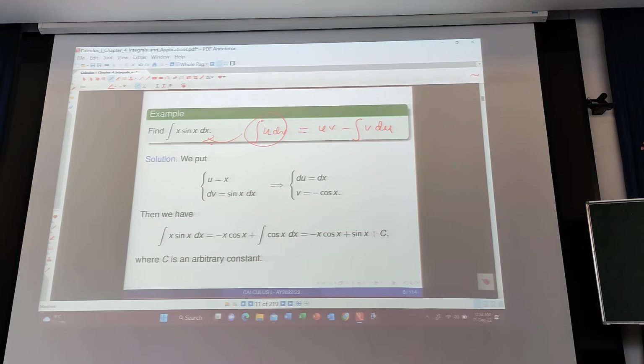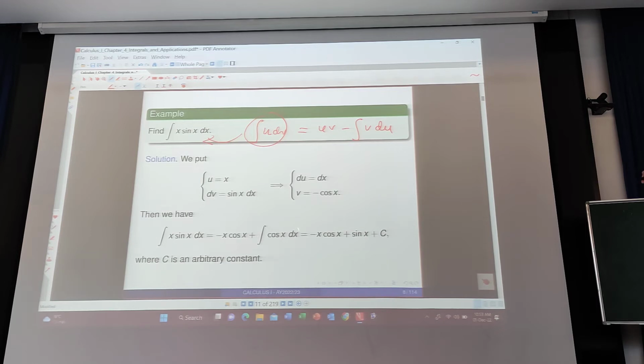Given integrand now in the form u dv, it is uv, this one, the product of u and v, negative x and cosine x, minus the integral of v du. The integral of v du is negative cosine x dx, but minus, then it becomes plus.